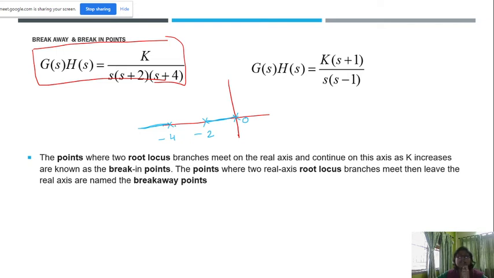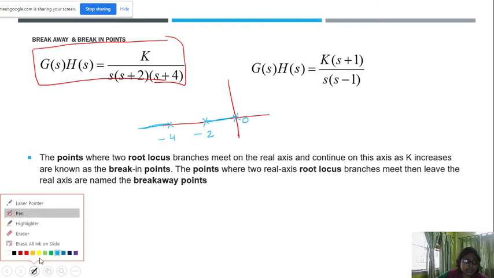In the first point we learned that root locus always originates from an open loop pole. So from this pole root locus will originate, and from here root locus will originate.